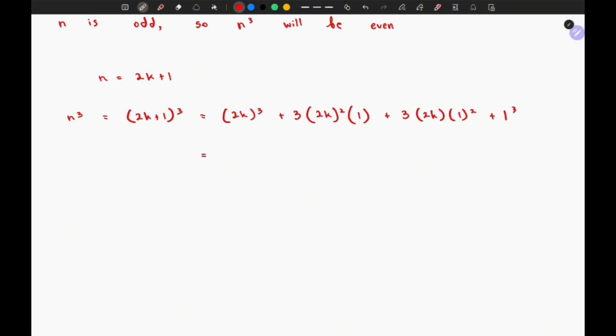So now this will give us a value of 8k cubed plus 12k squared plus 6k plus 1.